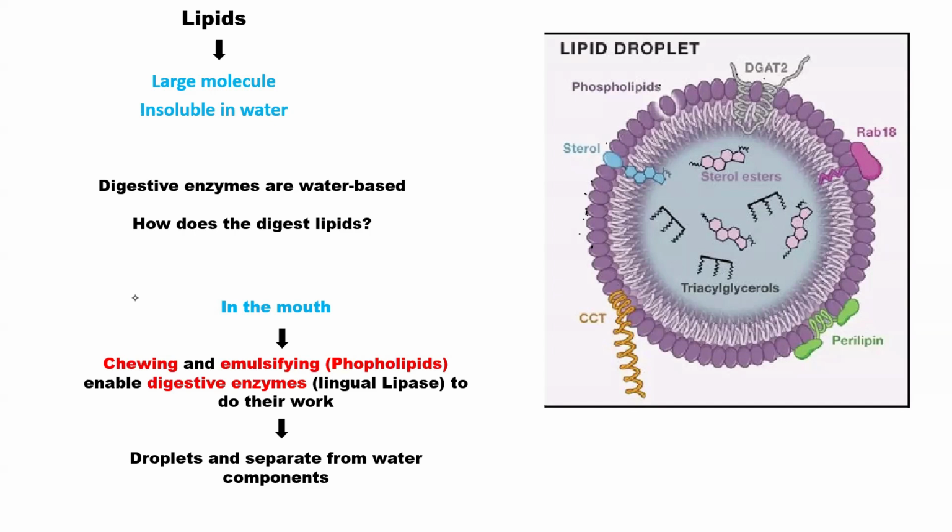So when you say droplet, it means that all the non-polar components of the lipid remain hidden inside, while the water-soluble components are exposed. Generally, the digestion in the mouth and in the stomach is just a preparatory piece of the digestion, trying to prepare the lipid for digestion.